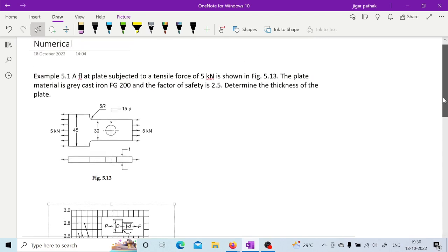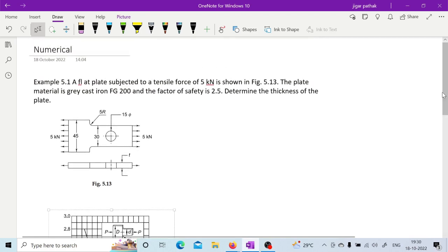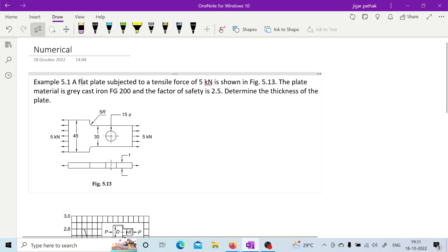Now here you have a numerical based on stress concentration. A flat plate subjected to a tensile force of 5 kilonewton is shown in this figure. The plate material is grey cast iron, FG200, and the factor of safety is 2.5. Determine the thickness of the plate.